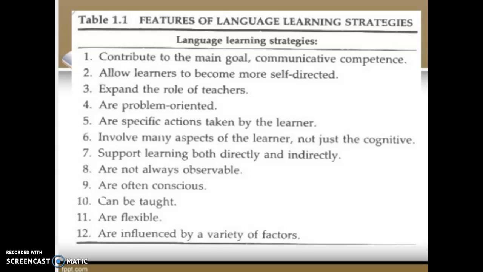Are specific actions taken by learners. Involve many aspects of learners, not just the cognitive. Support learning both directly and indirectly. Are not always observable. Are often conscious. Can be taught. Are flexible. Are influenced by a variety of factors.